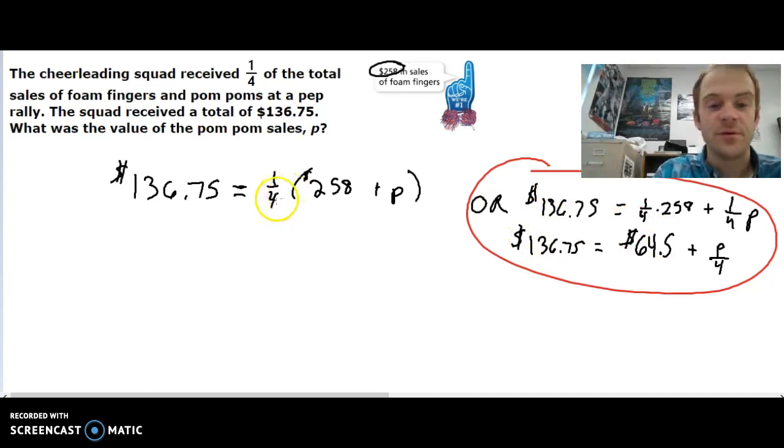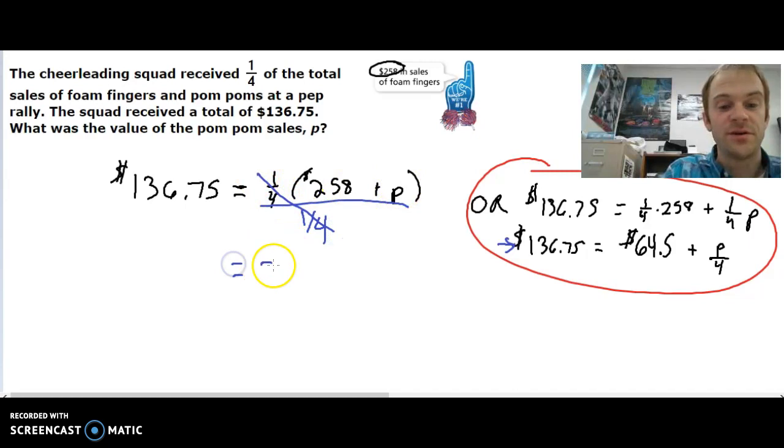Looking at what we did before, once I have this equation, there's two ways I can do it. I could either distribute this 1/4 to both terms and then go ahead and solve. If I did that, I'd get to this part right here, and I could just find my variable. Or, like we said, the other shortcut is I could do the opposite of multiplying by this number. So it means I could divide both sides by this. So 1/4 divided by 1/4, that becomes 1.